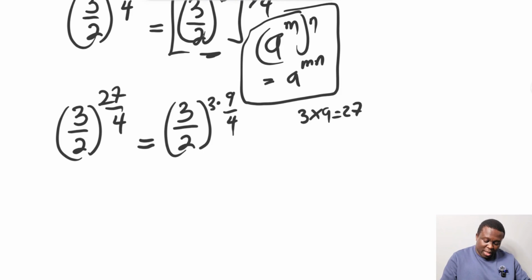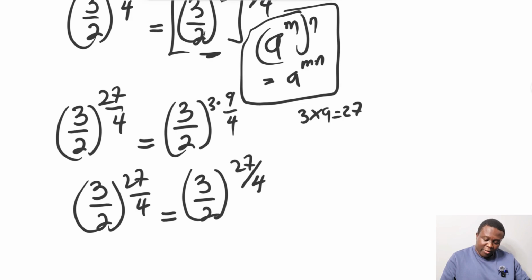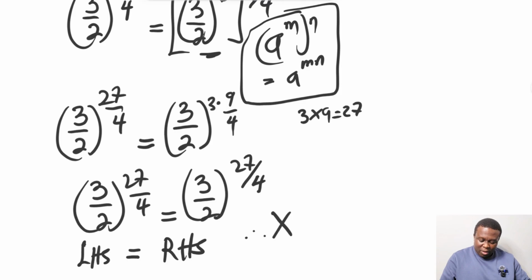All right, so now we have that 3/2 raised to the power 27/4, which is on the left-hand side, is equal to 3/2 raised to the power 27 divided by 4. So now we can see that our left-hand side is equal to our right-hand side. Therefore, our value of x, which is 9/4, is correct.